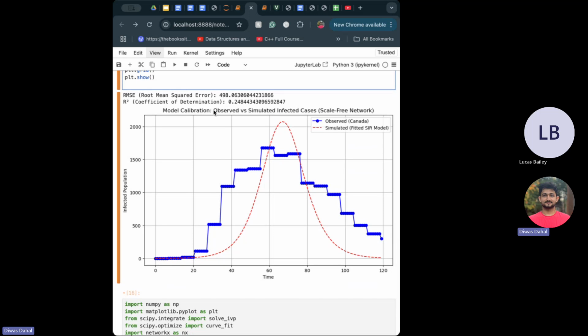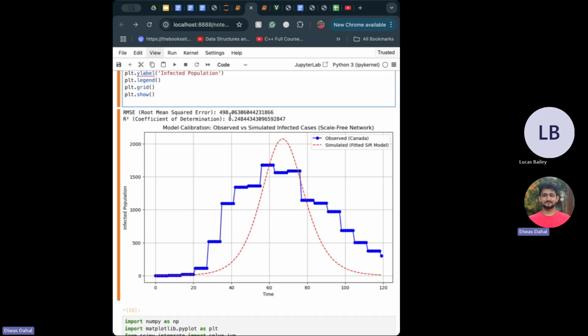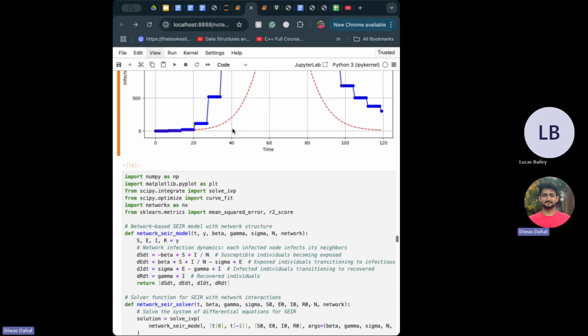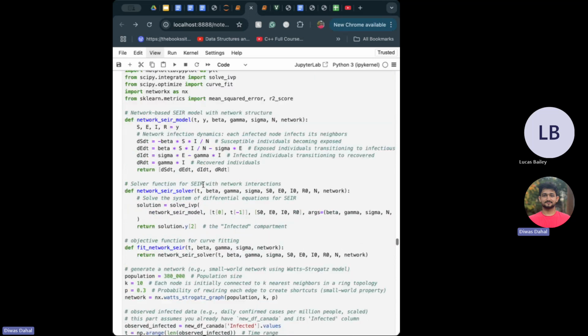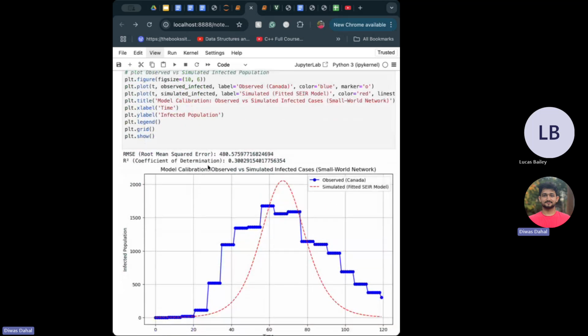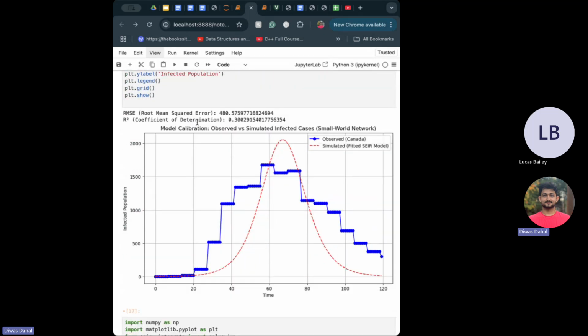And as you can see, we had a pretty poor comparison of the whole model. But then when we included the exposed with the SEIR model, we got a higher R squared coefficient, suggesting that if we change from a simple SIR model to a little more complex one with exposed, it gets better.